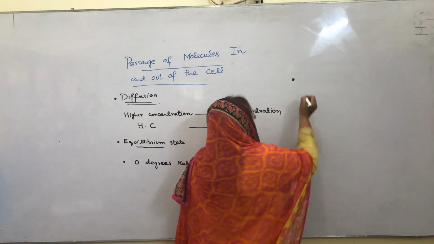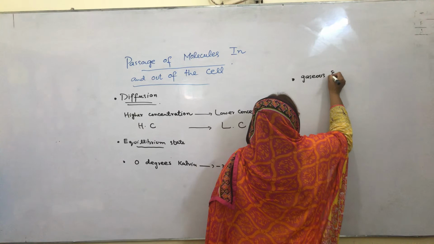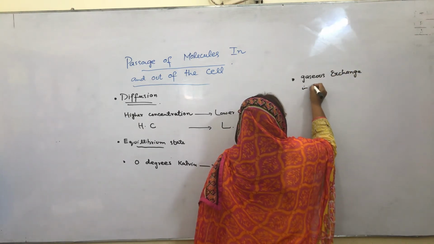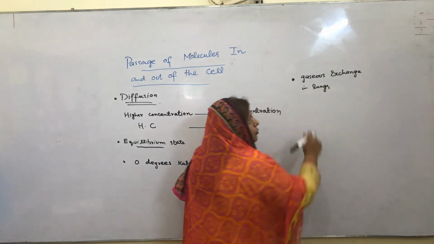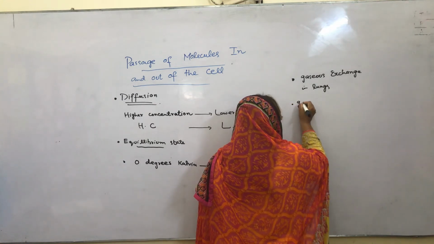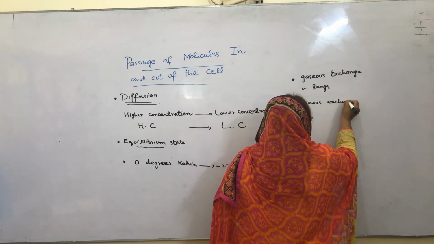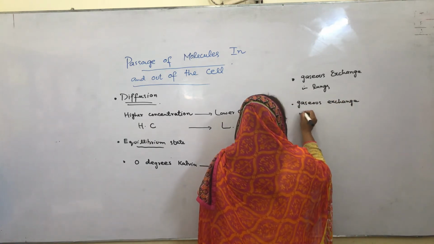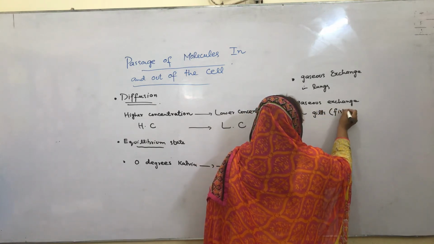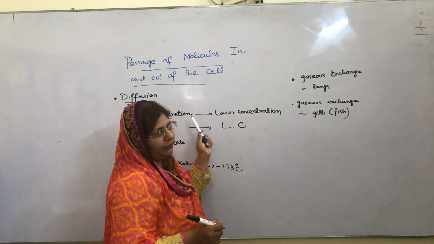In the human body, gaseous exchange in lungs happens due to diffusion. Then gaseous exchange in gills in fish also happens due to the process of diffusion.